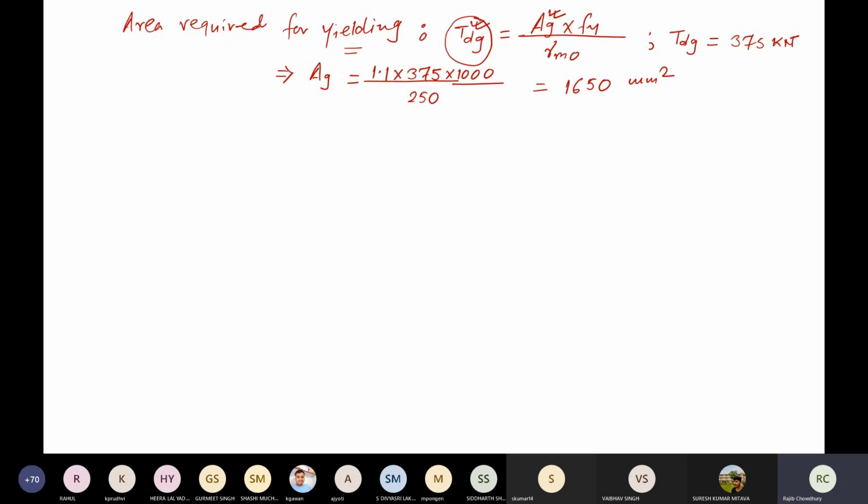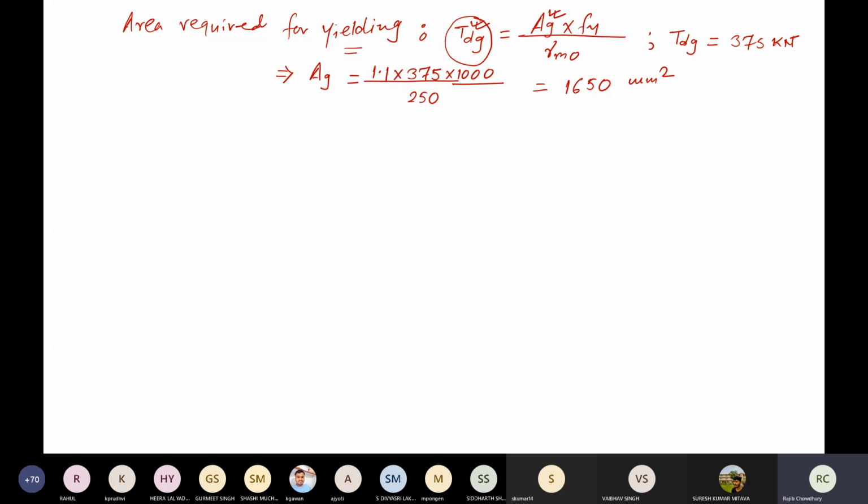So what we specifically do over here is provide at least this area or more than this area. How much more? Generally, the thumb rule is to provide at least 10% more for making the initial design.